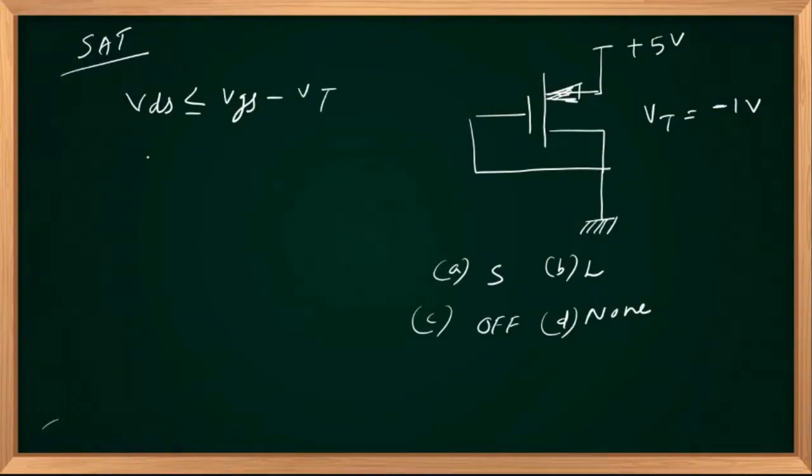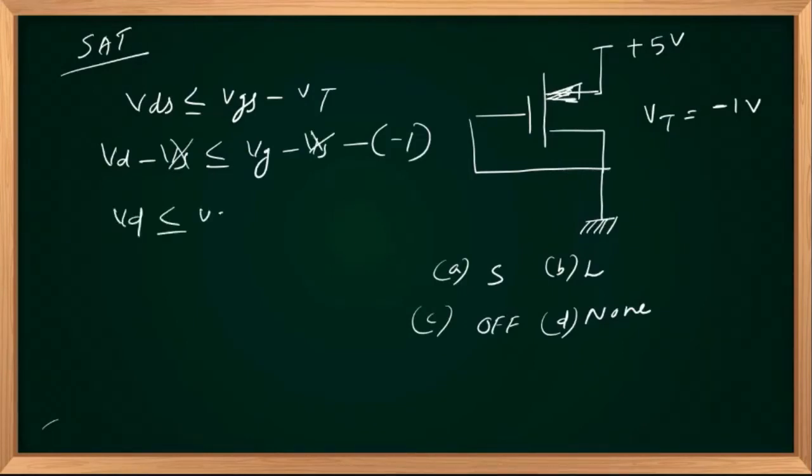VT is minus 1. So VDS is nothing but VD minus VS less than or equal to VG minus VS minus VT. VT is negative, so minus of minus 1. So VS can be cancelled from both sides. So VD less than or equal to VG plus 1.